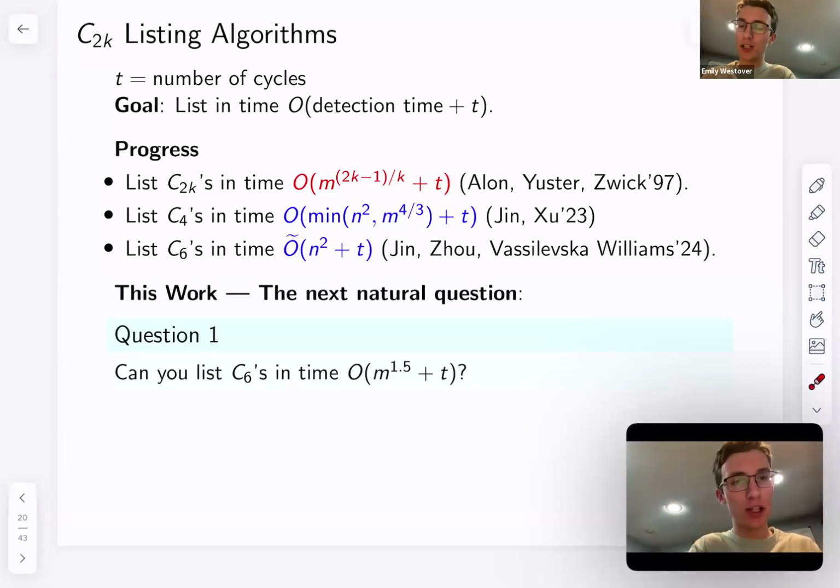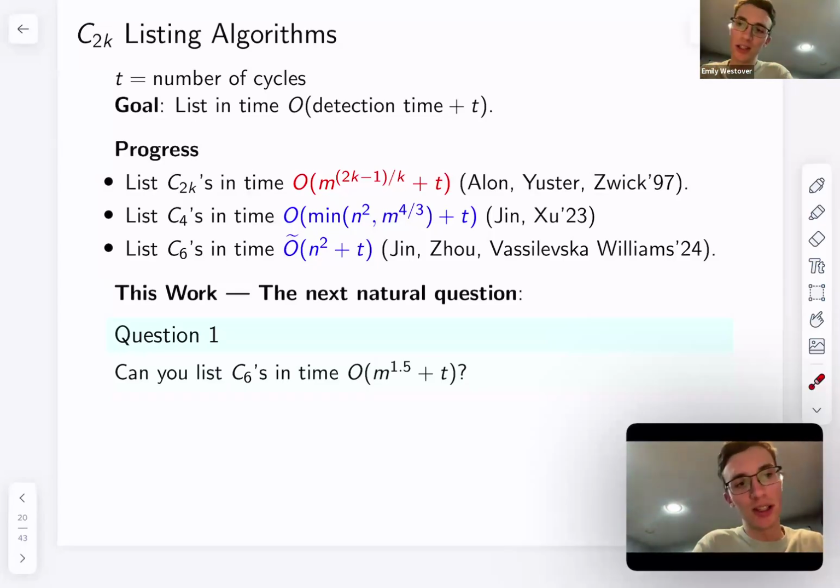The next natural question is, can you list C6s in time m to the 1.5 plus T? For context, what was known before about this: obviously we have this dense listing algorithm, and then you could use the Alon-Yuster-Zwick one, which gives you m to the 5/3 as the exponent.